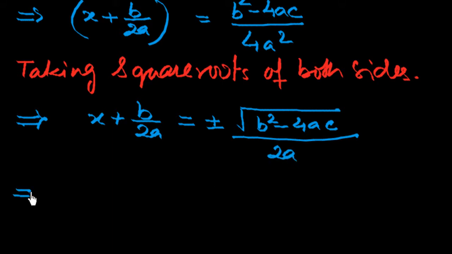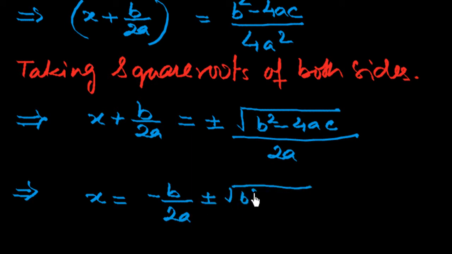Now transfer b over 2a to the other side. So x is equal to minus b over 2a plus minus root b square minus 4ac over 2a.